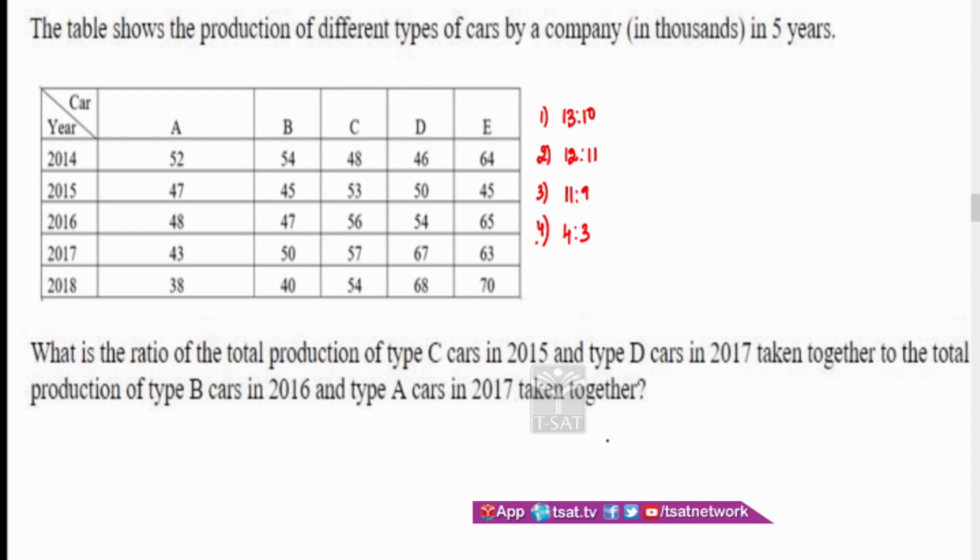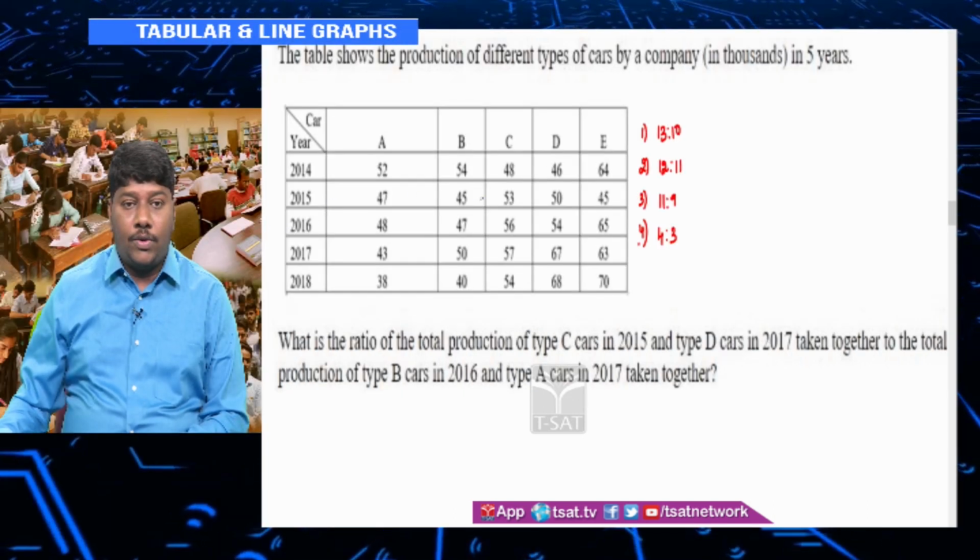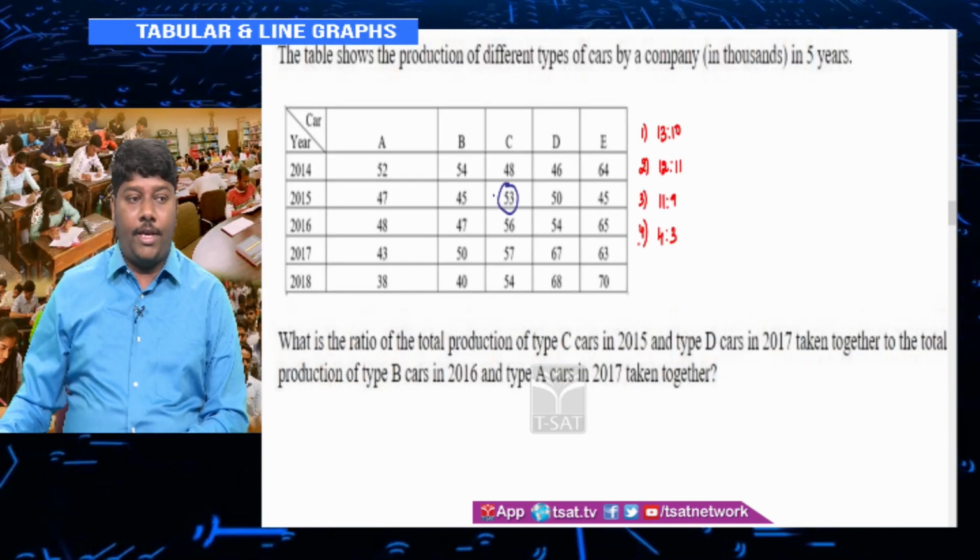What is the ratio of the total production of type C cards in 2015 and type D cards in 2017 taken together to the total production of type B cards in 2016 and type A cards in 2017 taken together? He is asking you the ratio. Total production of C in 2015 is 53.